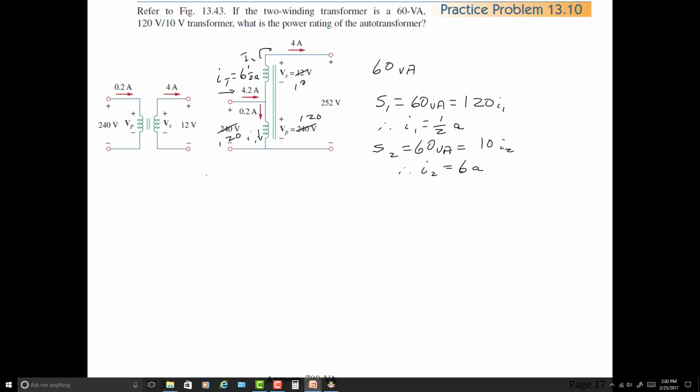So the power rating in the transformer is going to be equal to 6.5 amps times the 120 volt source. So that's 780 volt amps, since 720 plus another 60 is 780.